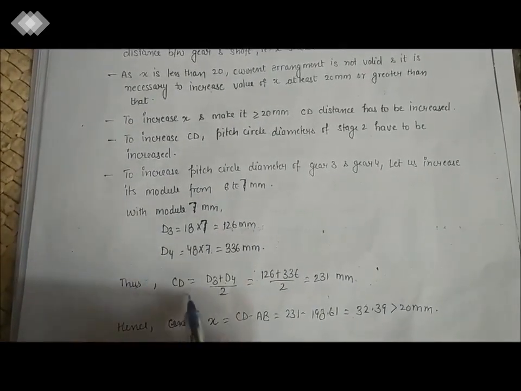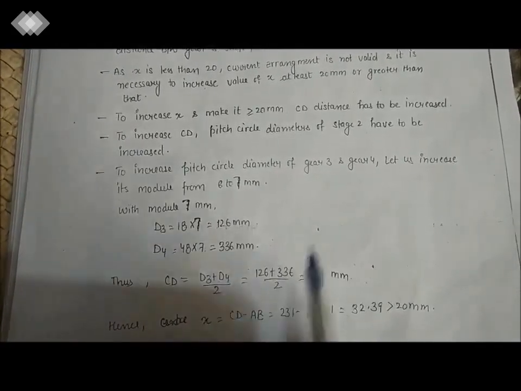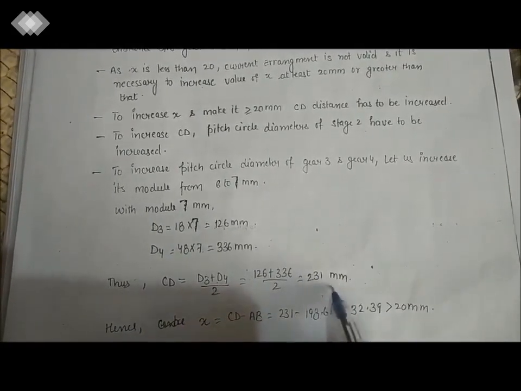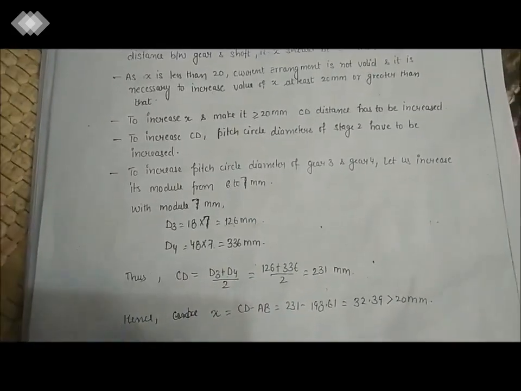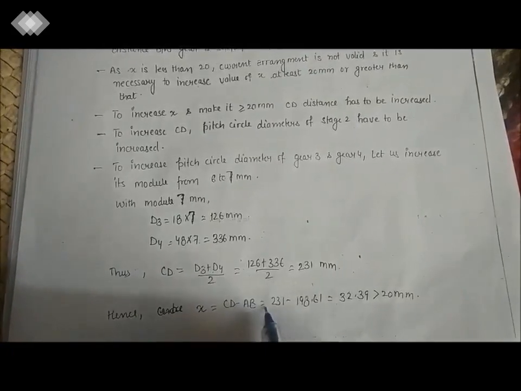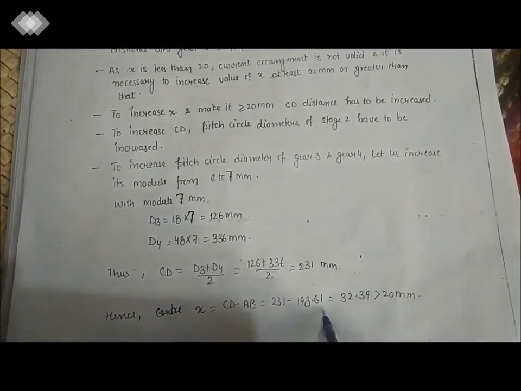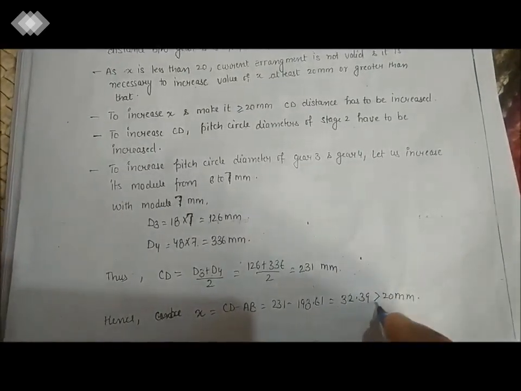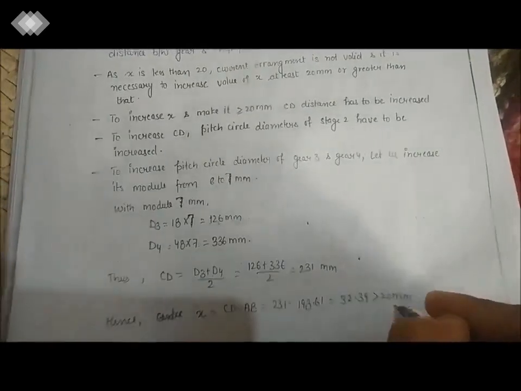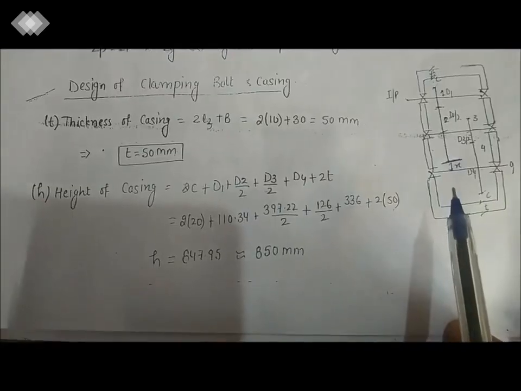So let's recalculate CD. CD is equal to (D3 plus D4) by 2. So we have CD equal to 231. And now again we calculate x equal to CD minus AB. So with the new value of CD, CD minus AB, we get the value of x which is greater than 20 mm. Hence this arrangement is valid.